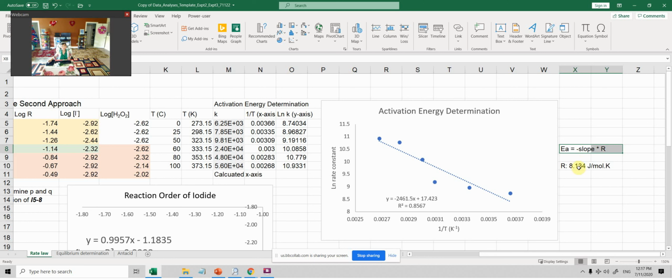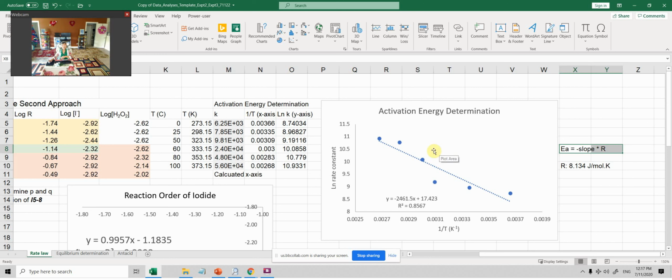This ideal gas constant is 8.314 joules per mole per Kelvin. Be careful with this unit. You may need to convert the activation energy from joules per mole to kilojoules per mole. You will find about a couple thousand kilojoules per mole.